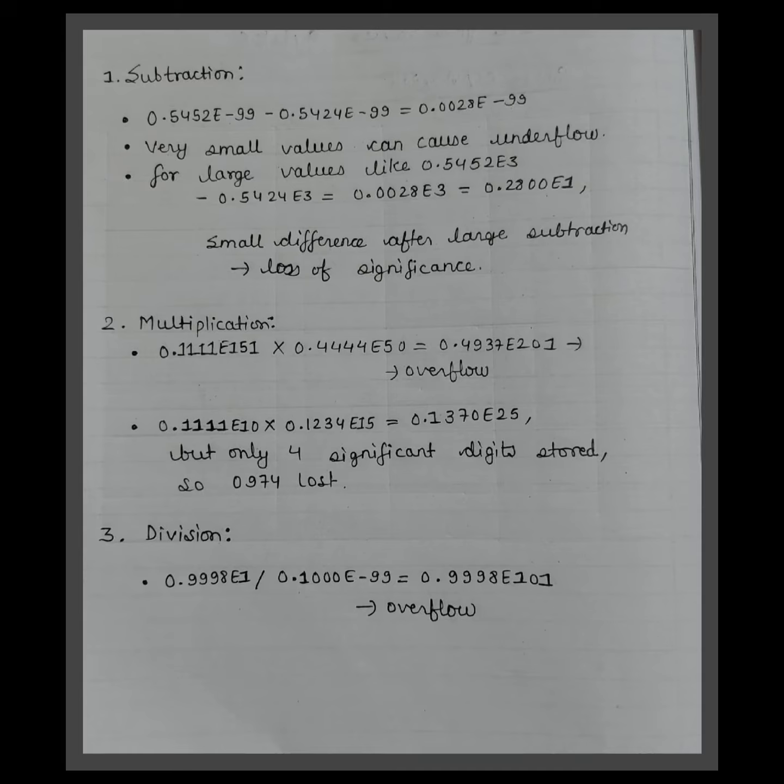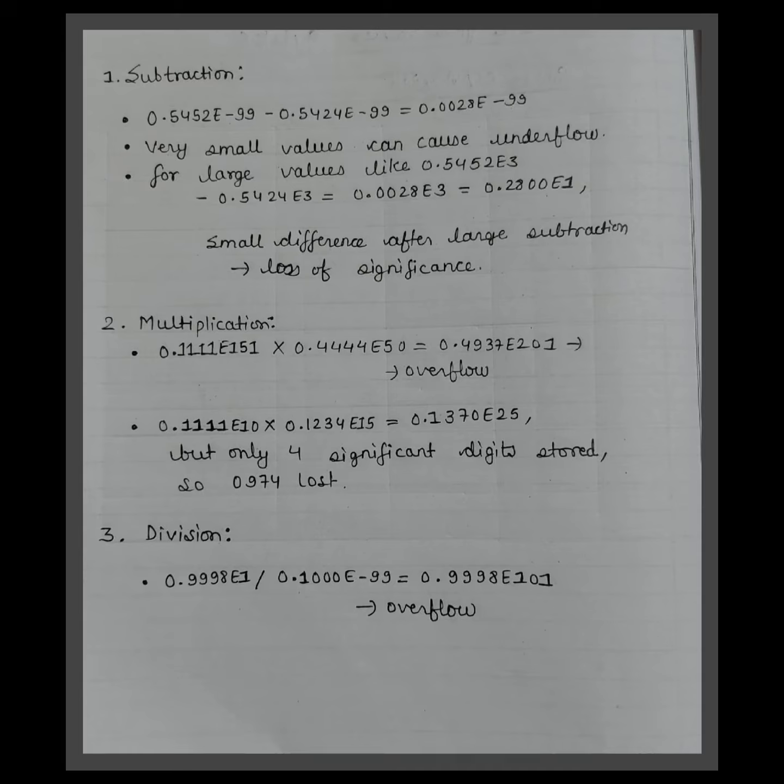Second, 0.1111 E10 times 0.1234 E15 equals 0.1370 E25, but only 4 significant digits are stored, so 0974 is lost. So basically we need to compute the values and perform operations.